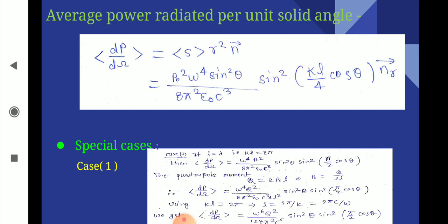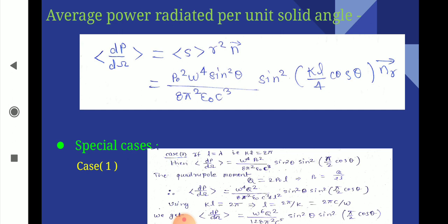Then dP upon d omega, it will be equal to omega to the power 4 p naught square upon 8 pi square epsilon naught c cube sine square theta sine square pi by 2 cos theta. So we can find out quadrupole moment Q is equal to 2p naught into L, and we will put the value of this in dP upon d omega and we will find the value of dP upon d omega.